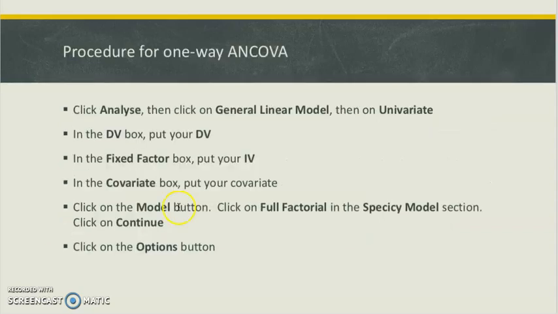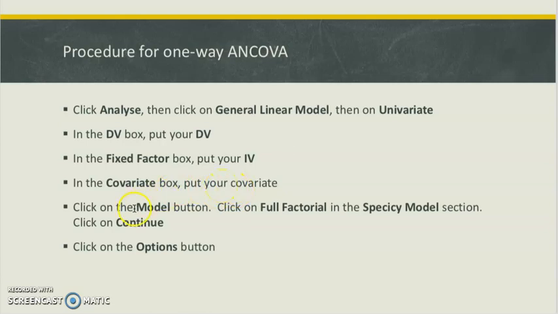So procedure for one-way ANCOVA, click analyze, choose general linear model and choose univariate, just like the one that you use for ANOVA. In the DV box, put your DV, and in the fixed factor, put your IV. And in the covariate, you put your pre-test score.